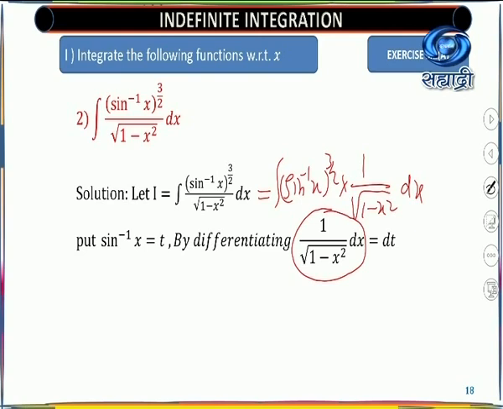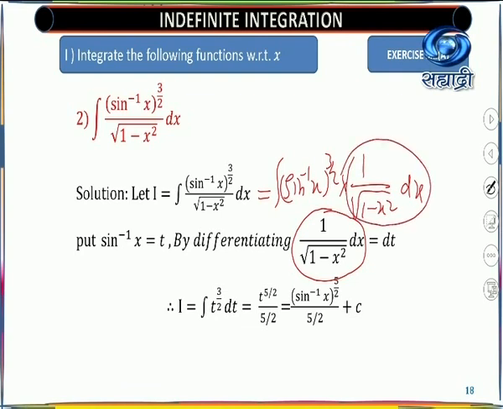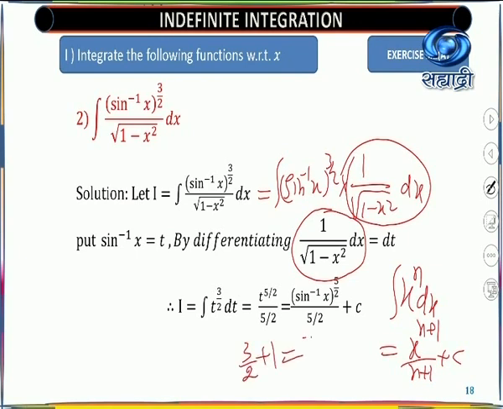If you substitute this in your integration, what will happen? I equal to, this complete part becomes dt, and this becomes t raised to 3 by 2. Now again you are using the formula, integration of x raised to n dx is equal to x raised to n plus 1 upon n plus 1 plus constant of integration. By this formula, 3 by 2 plus 1 is, using addition, 3 plus 2 upon 2, which is 5 upon 2.